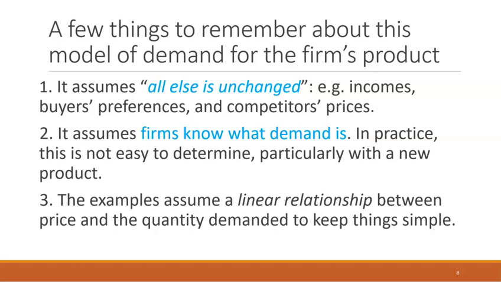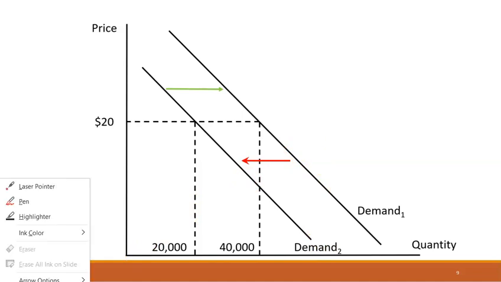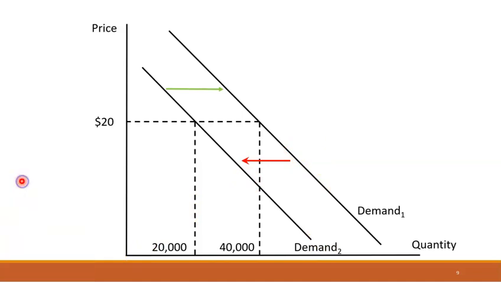Okay, well, let's consider a situation in which demand changes, like I've illustrated in the picture here. So let me just grab my laser pointer. There could be events that could happen. Suppose we start off at this demand curve, demand 1.